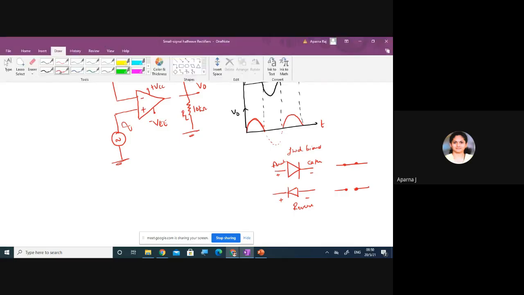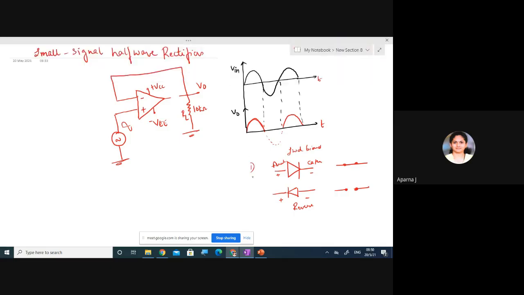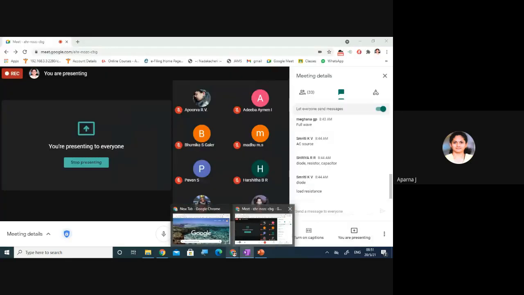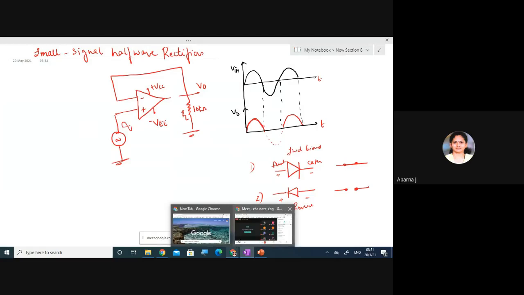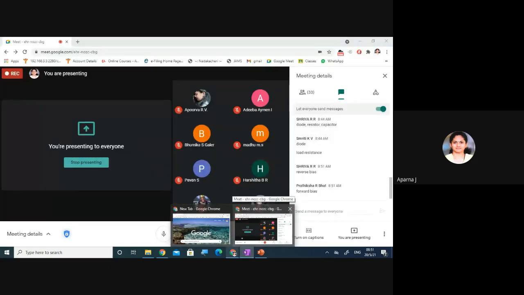You can just think over this. Okay, reverse bias. Shreya, you're saying the second one? Okay, Pratiksha, forward bias.